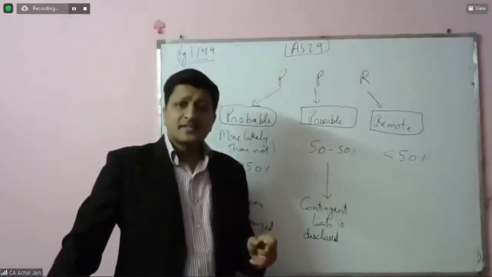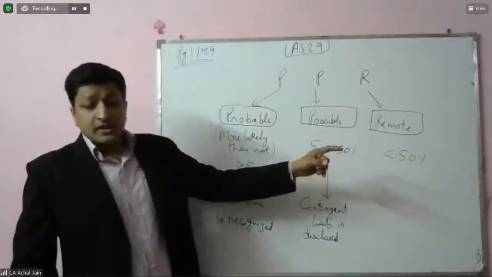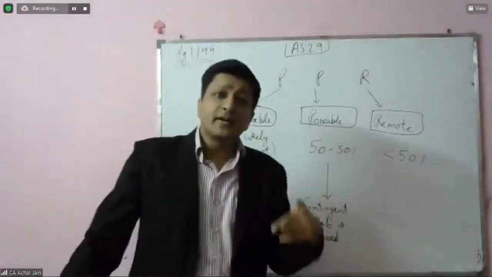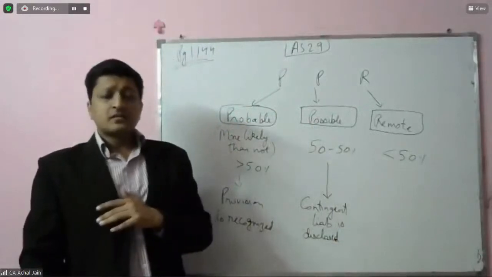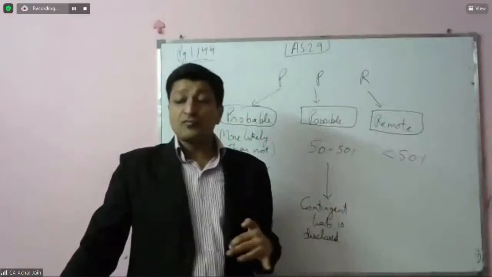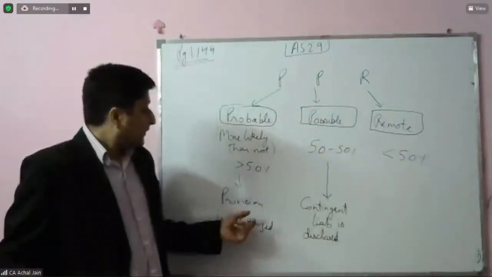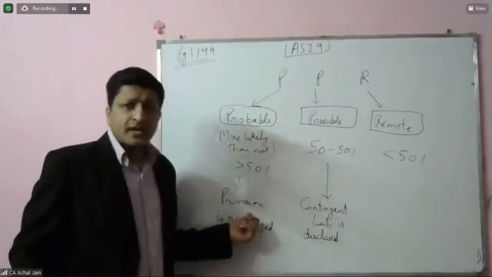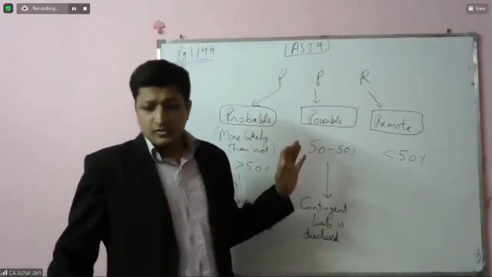And in case we see that the outcome of this litigation in terms of Sushil Limited losing the case is remote, means there are good chances, more than 50% chances, of Sushil Limited winning the case. In such a situation, neither the provision is recognized nor a contingent liability is disclosed.